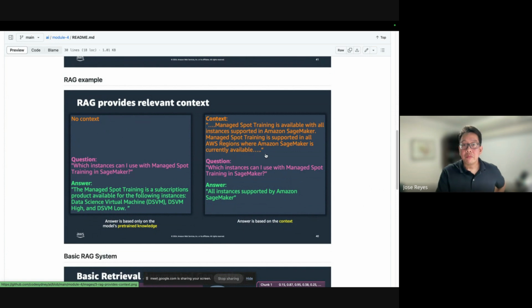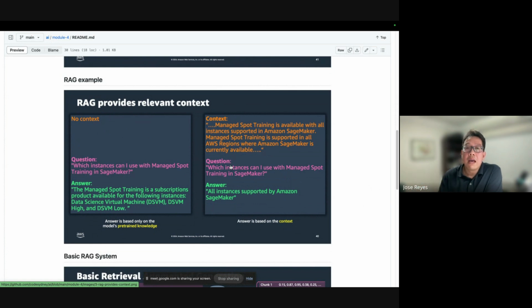So the question is this: we pass the question, create an embedding of the question, and send it to the vector database. The vector database returns this context. Then the context and the question are sent to the large language model for synthesis.